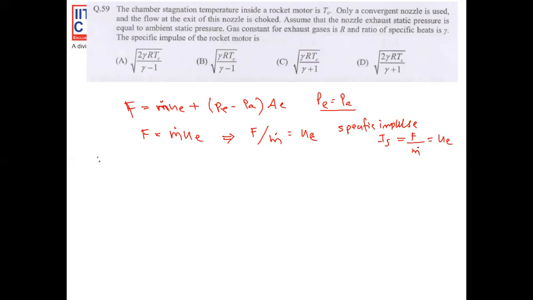Now UE can be written as ME AE, where ME is the Mach number of the exhaust gas and AE is the speed of sound at the exit of the nozzle. So this can further be written as root over gamma R TE, where TE is the static temperature at the exit of the nozzle. And as it is said that the nozzle is a convergent nozzle and it is choked.